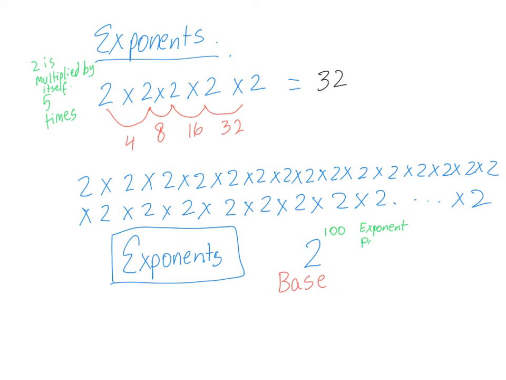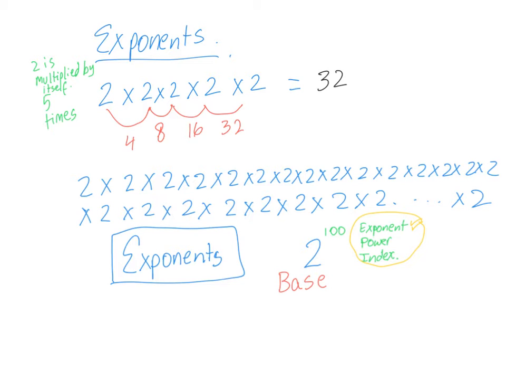It's called our power. It's called the index. There are numerous terms for it. But in the algebra 1 or geometry syllabus, we'll be using the term exponent more than the other ones. But familiarity with the other terms will be crucial.